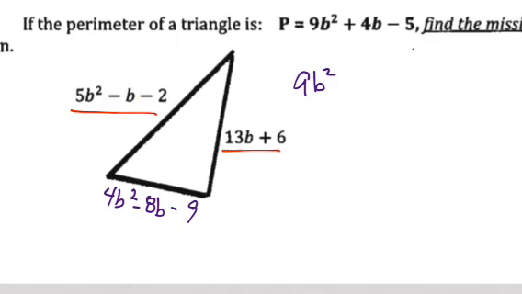Our negative b, 13b, and negative 8b give us positive 4b. And then our negative 2, negative 9, positive 6 give us negative 5. So it all worked out. So this is the answer.